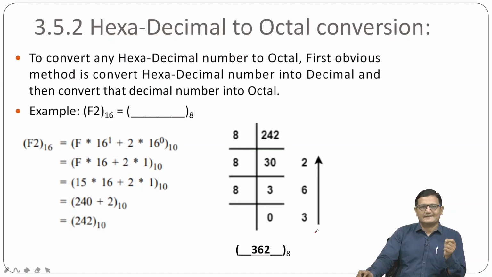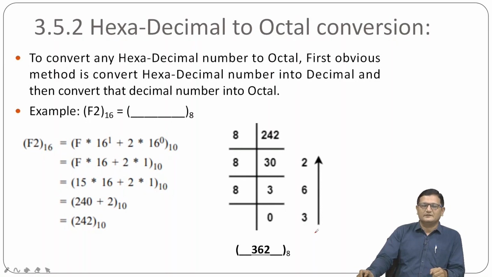Now in the third step, F represents which number? F represents 15, because from 0 to 9 we use the digits themselves, but 10 is represented as A, 11 as B, 12 as C, and similarly F is 15.